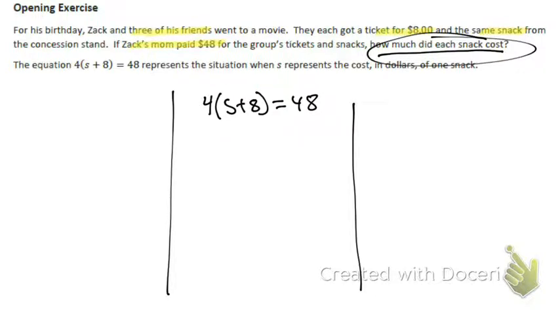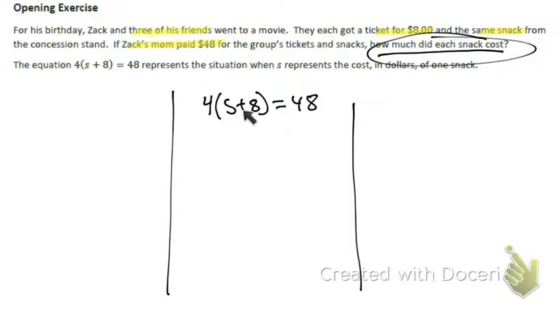One way you could figure that out is, we know the total is $48, right? So that means everything put together equals 48. We know they all got a ticket for $8. So the ticket plus a snack, right? We don't know how much the snack costs, so that's why it's S. It's a variable. Remember how I said algebra is math with variables? This is a variable here.